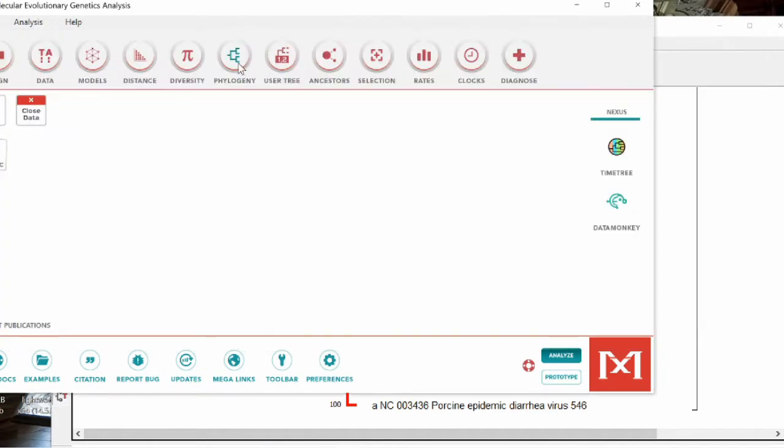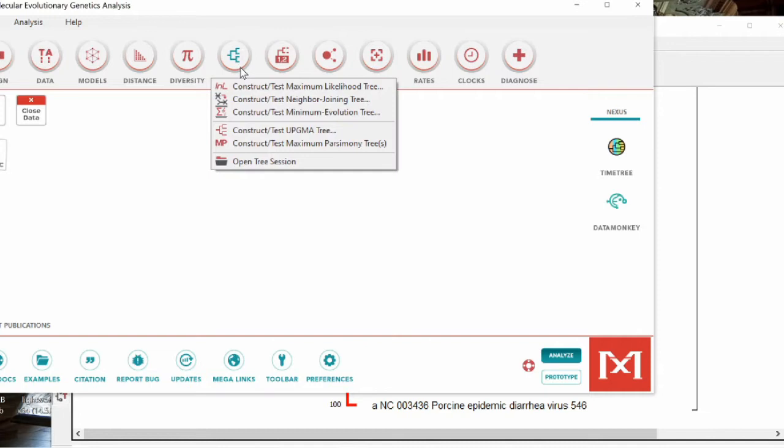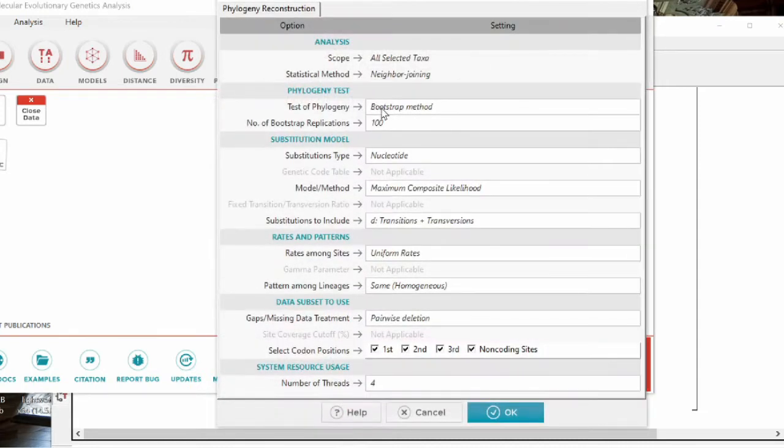So how can we go on with this? We go straight to the phylogeny. Since the data set is big, we have to choose fast methods. The fastest method out of these 5 would be the neighbor joining trees. When we run it, we are going to bootstrap our phylogeny.